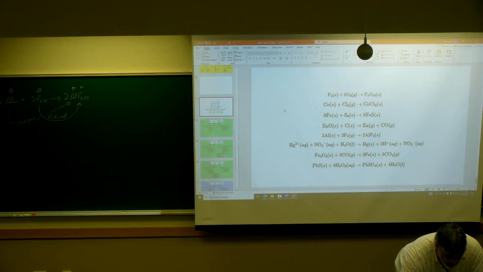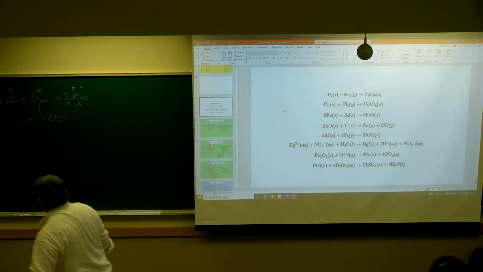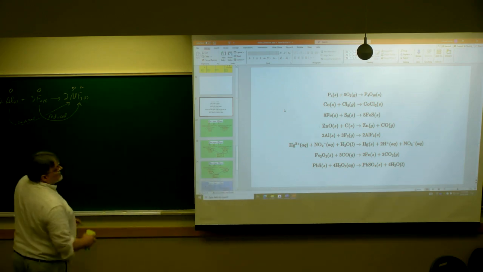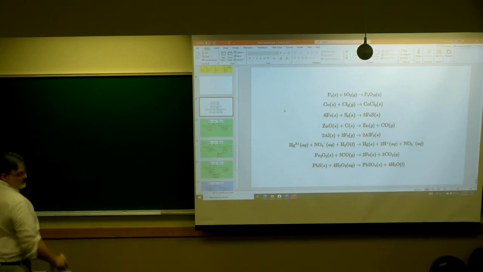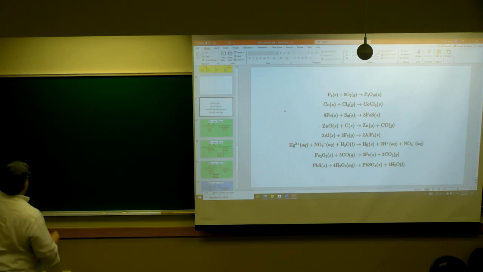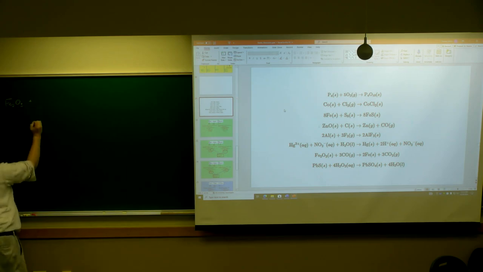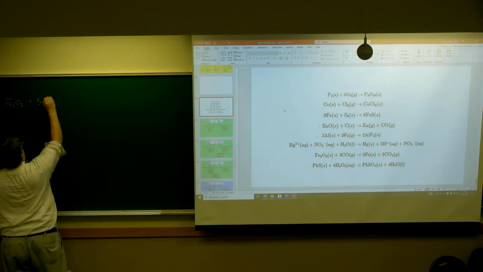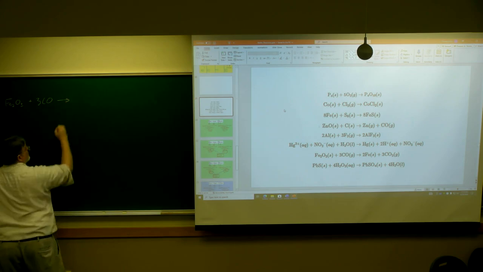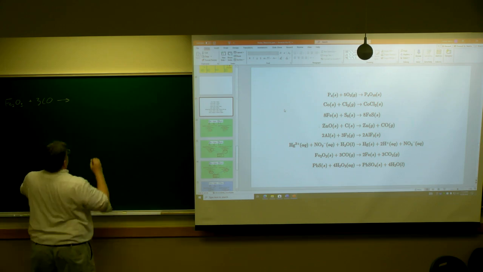What else should we do? The iron oxide we haven't done yet. So Fe2O3, two Fe, 3 CO3.